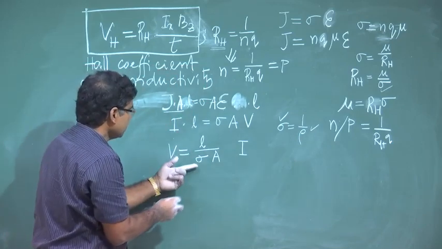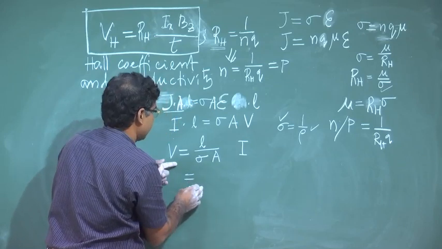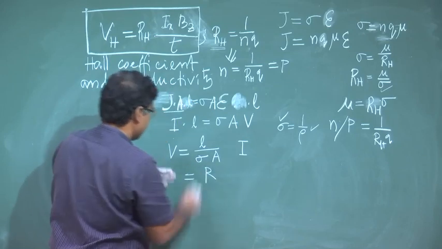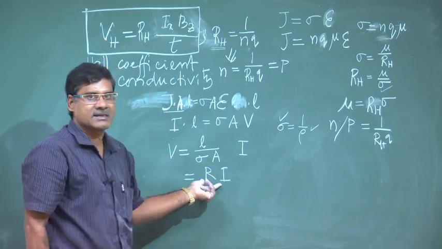So, this is basically some constant, V equal to some constant times I. This is nothing but the resistance, right.